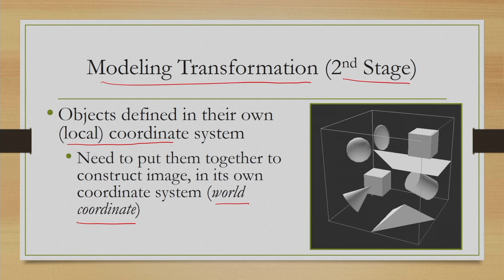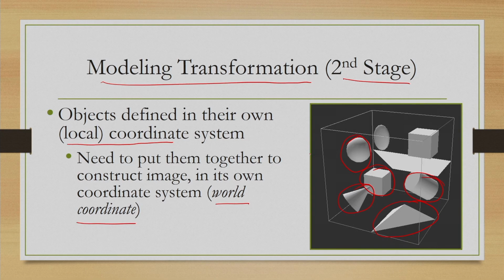Take the example shown on this figure. Here, as you can see, there are many objects: some cubes, spheres and other objects, cylinders. Each of these objects is defined in its own coordinate system.